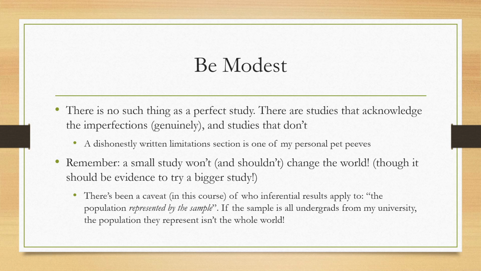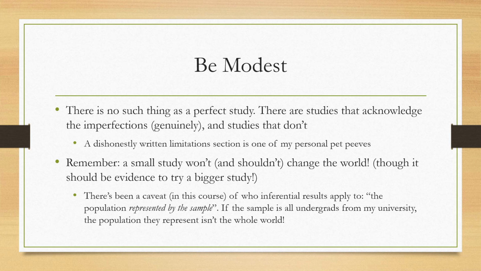We've talked about who inferential statistics apply to, and we said they apply to the population represented by the sample. So in that university example, if the sample is undergrads from a single university, the population represented by that sample isn't the whole world. It might be undergrads from that university. It might even be future undergrads from that university, assuming nothing significantly changes about the population served by the university. Like that is very limited in scope.